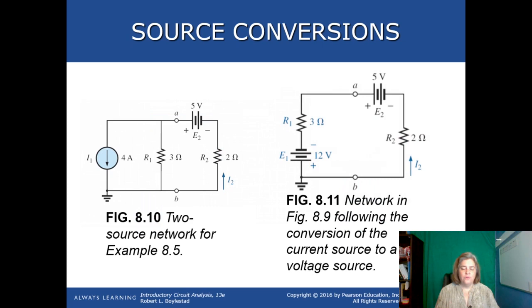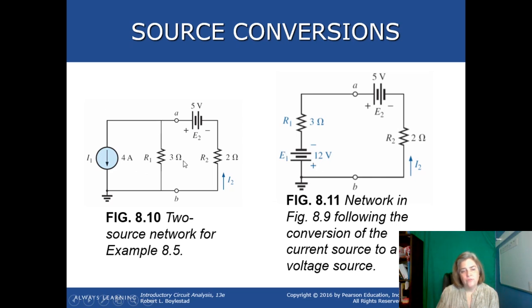All right, so why would we do source conversions? Well, look at an example like this. For instance, on this left-hand circuit, we have a current source and a voltage source. Well, if we convert the current source to a voltage source, we get this, right?